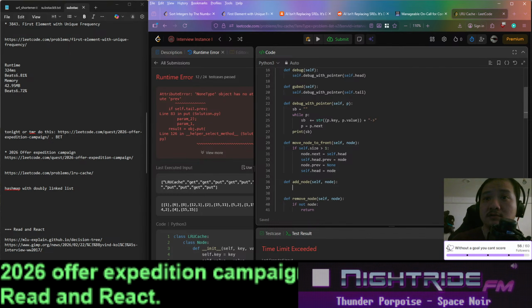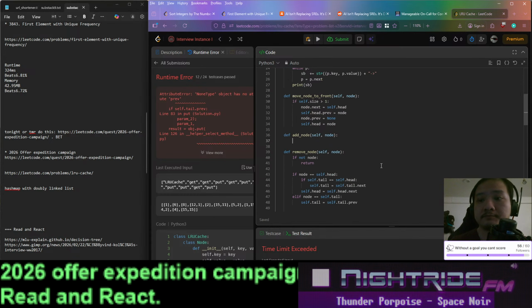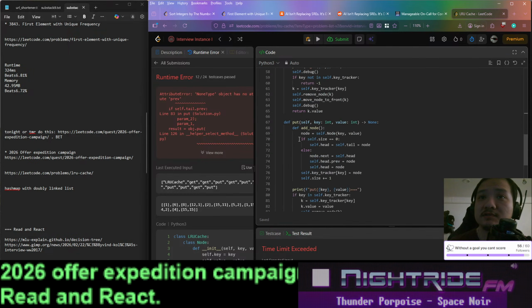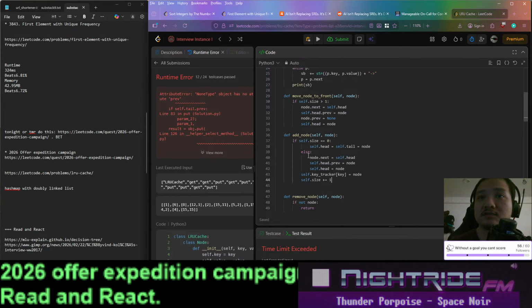Actually, right. So if size is 0, then you basically can copy this. So remove this here.